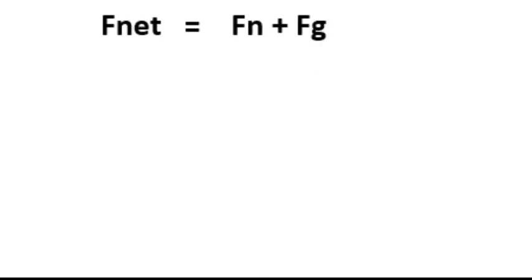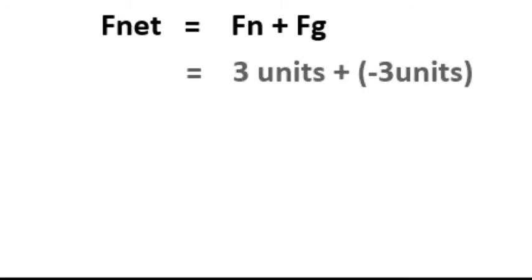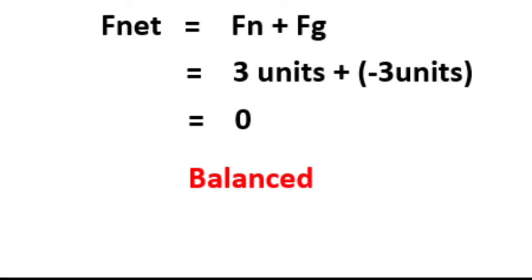If both gravitational force and normal force are given 3 units, then the net force along this line is: net force is equal to normal force plus gravitational force. 3 units plus negative 3 units is equal to 0. And that is balanced.